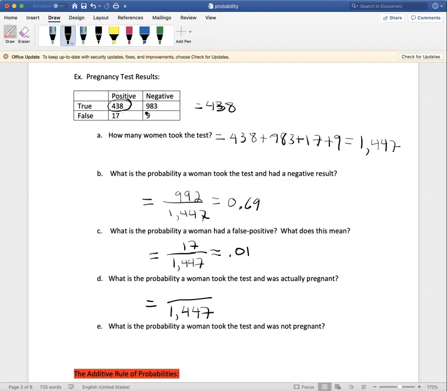Their result was negative, so it said they're not pregnant, but it was a false negative, which means they really were. So those 9 people were actually pregnant. We have a total of 438 plus 9, which gives us 447. In regards to probability, rounded to 2 decimal places, 447 divided by 1,447, we get 0.31.